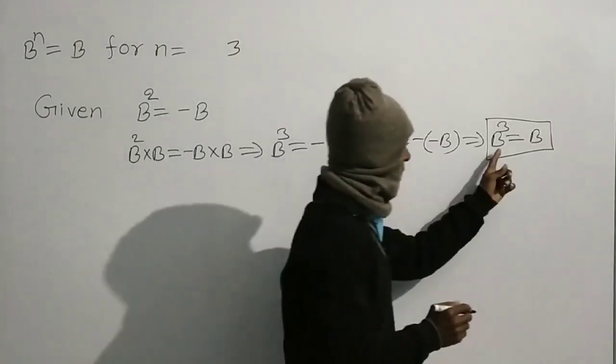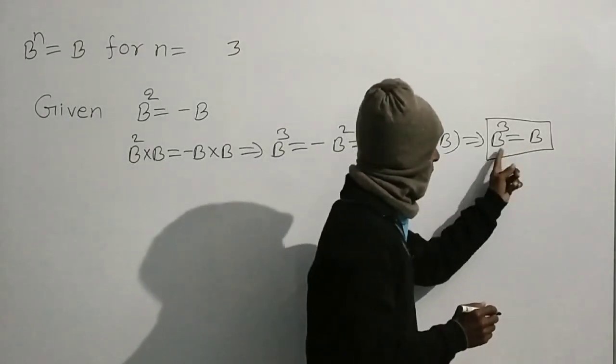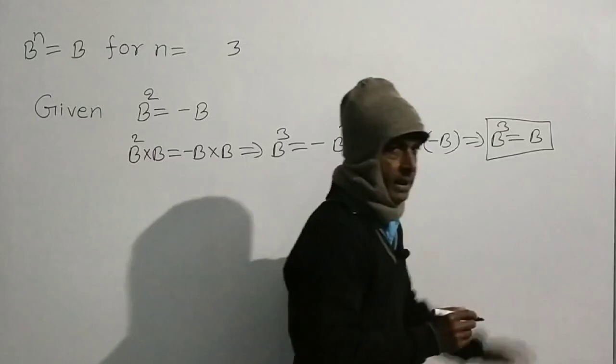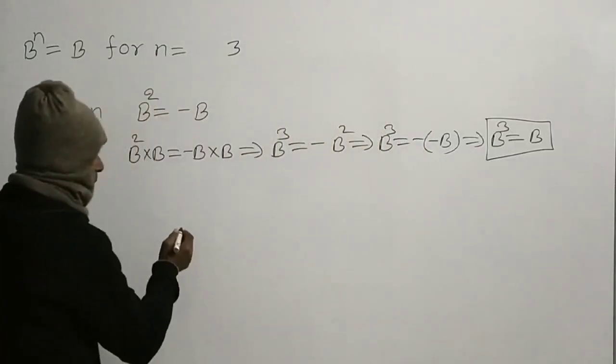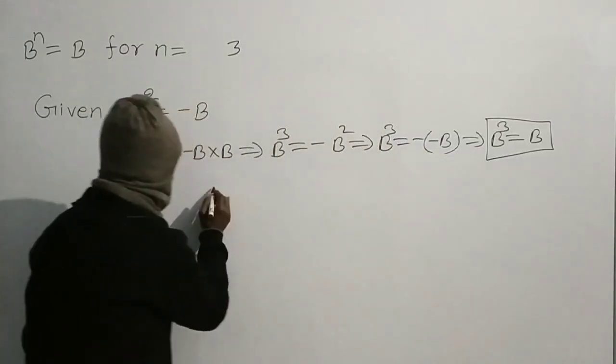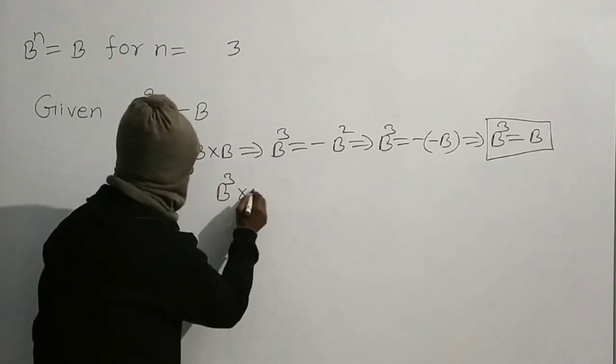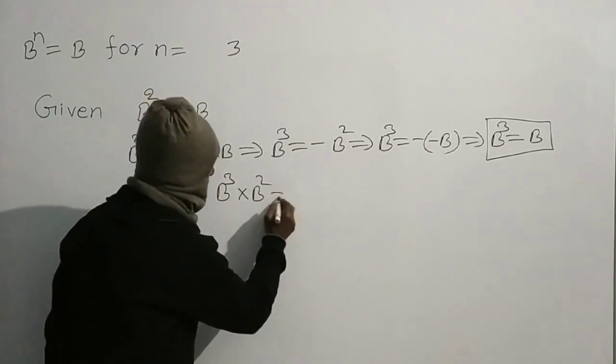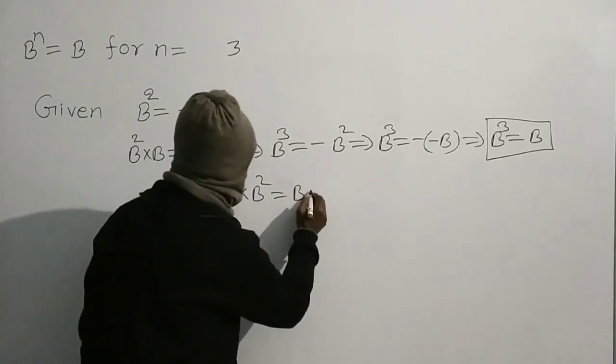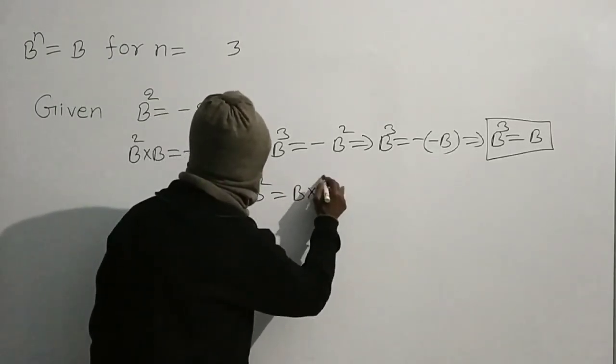Again, we multiply both sides of this equation by B square. B cube times B square is equal to B times B square.